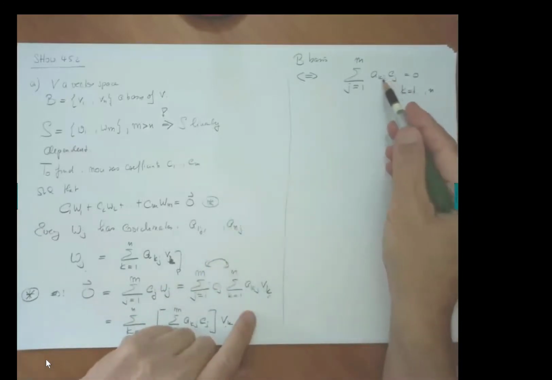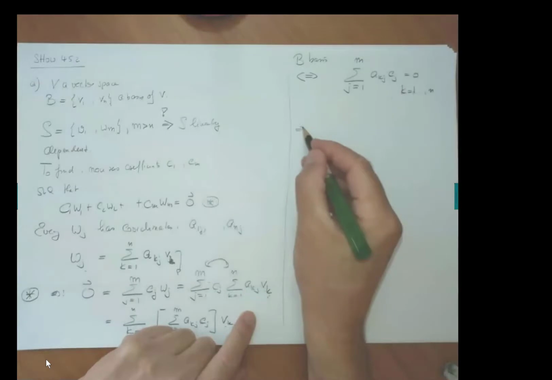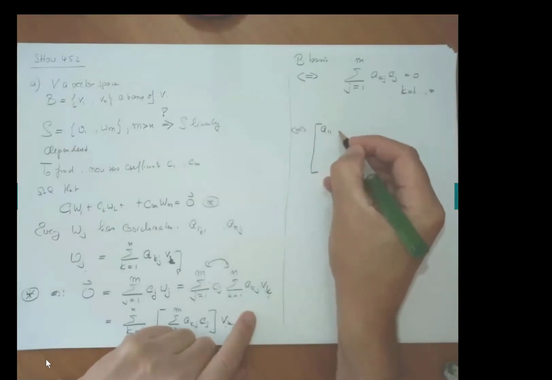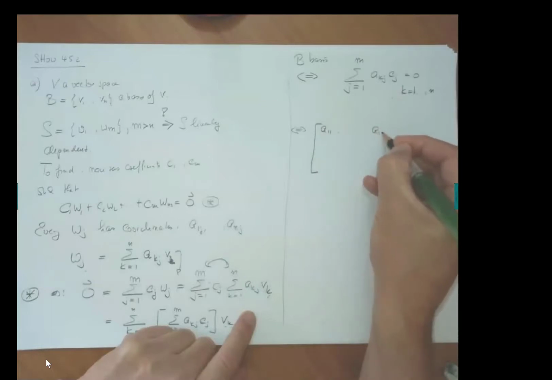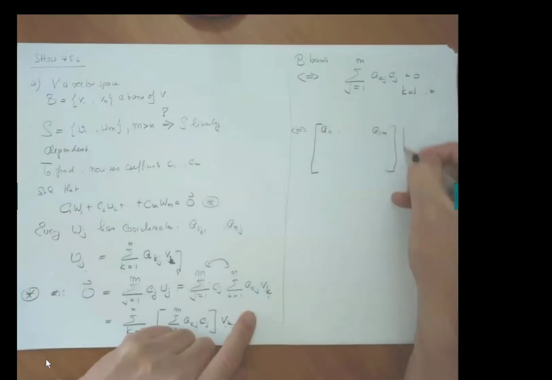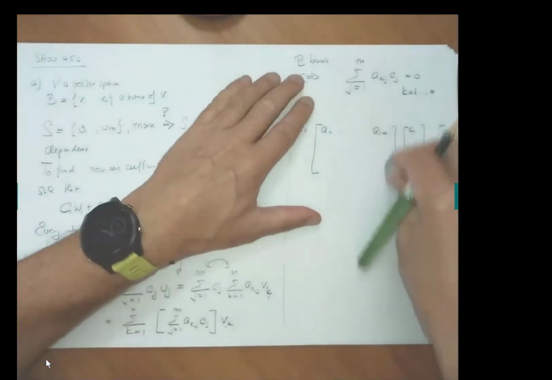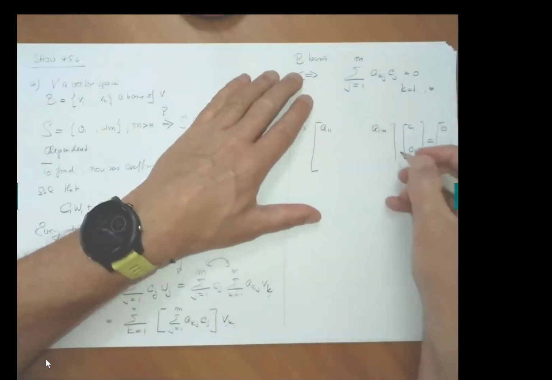So now we see, oh, this is just equivalent to the following. We have a11 to a1m times c1 to cm equal to 0, 0. And I should write it like this.